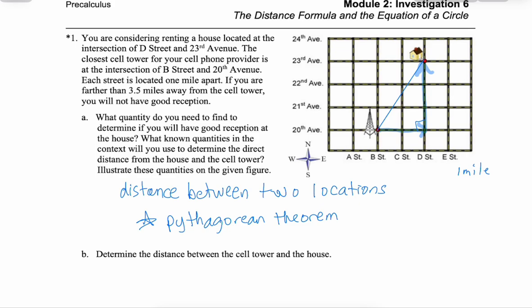What the Pythagorean theorem says is that for a right triangle, the sum of the squares of the legs of the right triangle will always equal the hypotenuse squared. Remember, that's always the longest side length, the side that is across from the 90-degree angle.